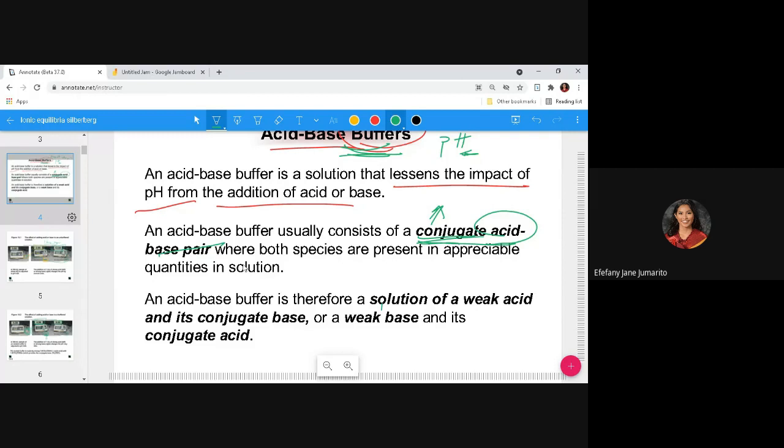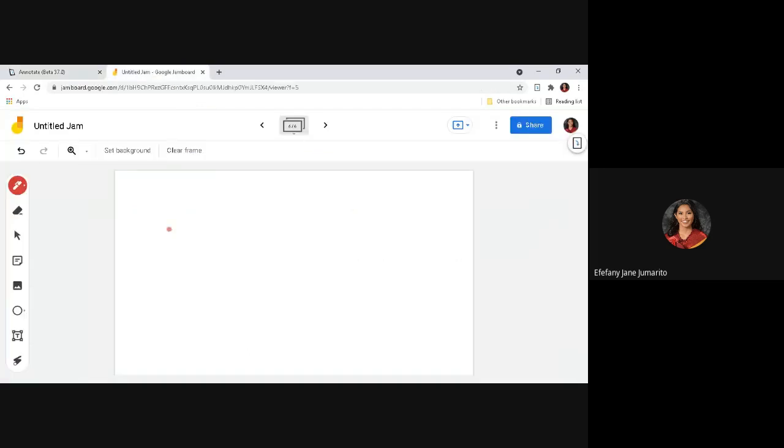An acid-base buffer usually consists of a conjugate acid-base pair where both species are present in appreciable quantities in solution.